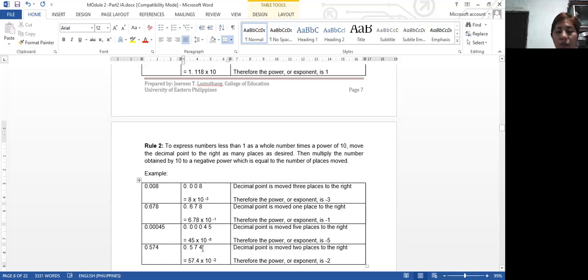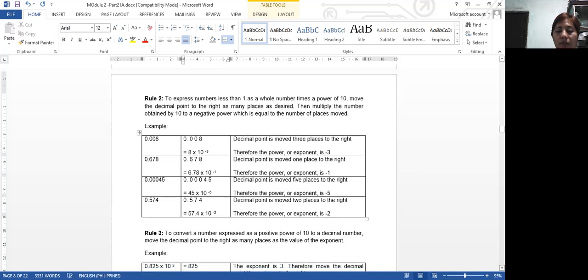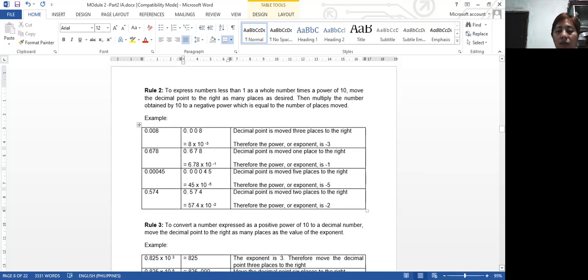So it's 57, and the decimal point is transferred here. From here, 1, 2. So the decimal point is moved 2 places to the right. That's why it's 57.4 times 10 raised to the negative 2.